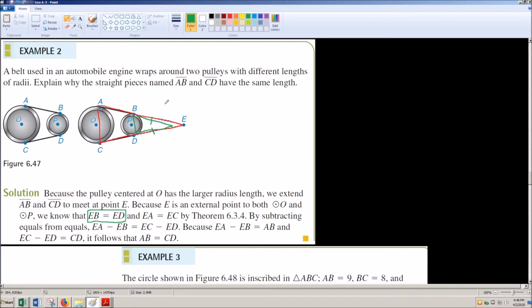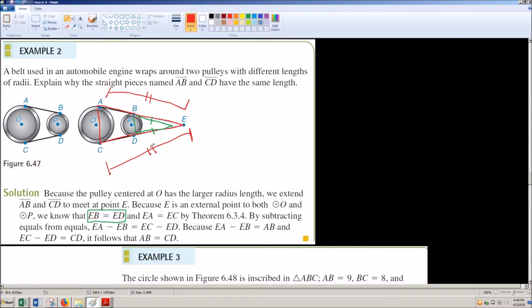Now, if I look at this thing, I said, okay, well, what if I was dealing with the red instead, and I completely ignored this little P circle? If I wanted to do it this way, and I was just talking about AE as a segment, and CE as a segment, I could say that this thing and that thing are congruent. Because again, just looking at the bigger triangle, I'm basically saying this thing doesn't exist.